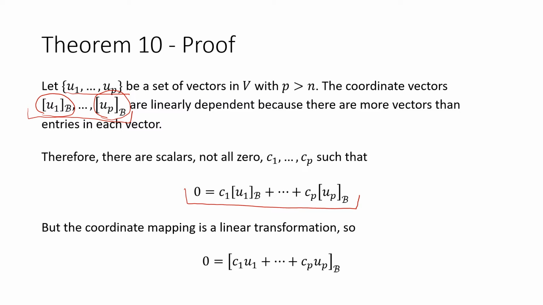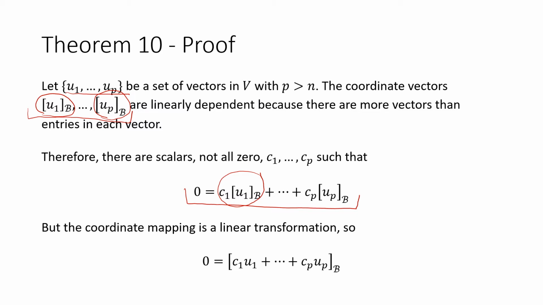But now here we're going to use a fact that we kind of talked about last time. This transformation, taking coordinates by a basis, is a linear transformation from Rn into Rn.